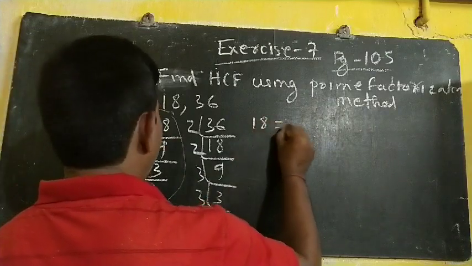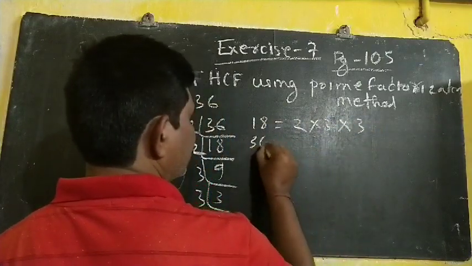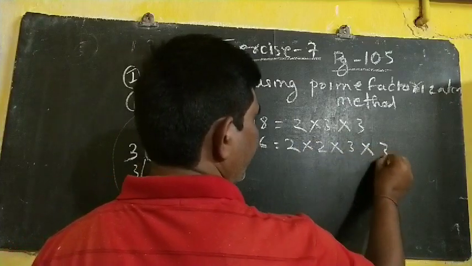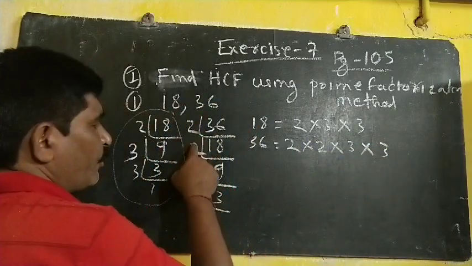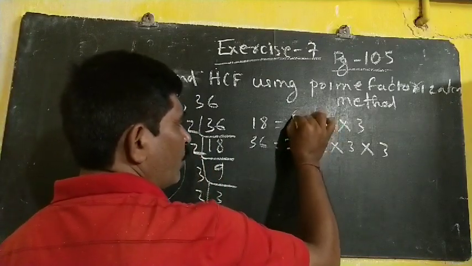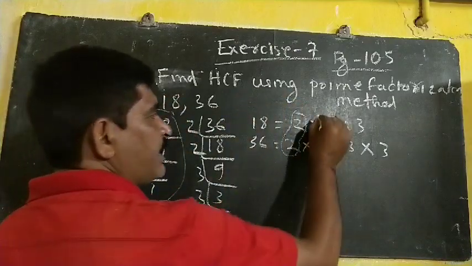So, write the prime factors. 18 is equal to 2 into 3 into 3, and 36 is equal to 2 into 2 into 3 into 3. Clear? So here we find the common factors. 2 here, okay, 3 here, 3 here.